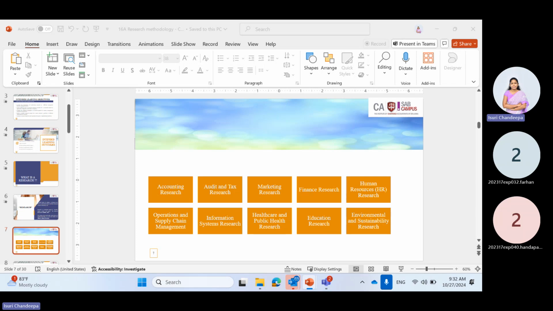Next one. Healthcare and public health research. Ulashini. Healthcare. Yes, healthcare. We give the chance for the weekday. Yes.